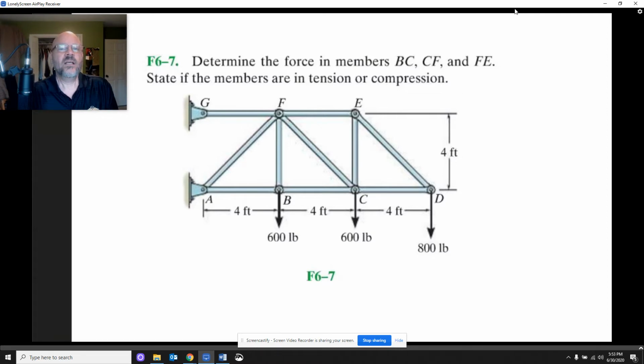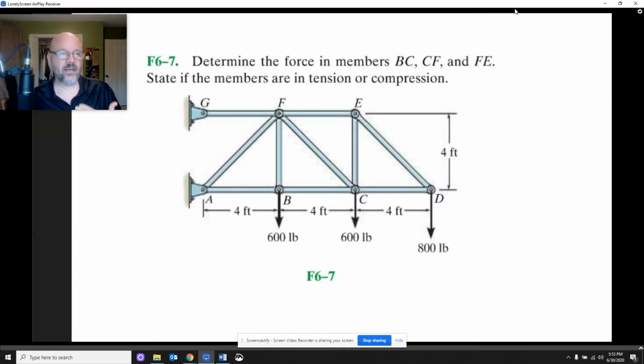So what we're going to do with the method of sections is something similar. We're going to cut this thing, and by cutting it, we're dividing it into sections, and then we can analyze the sections to figure out what's going on.